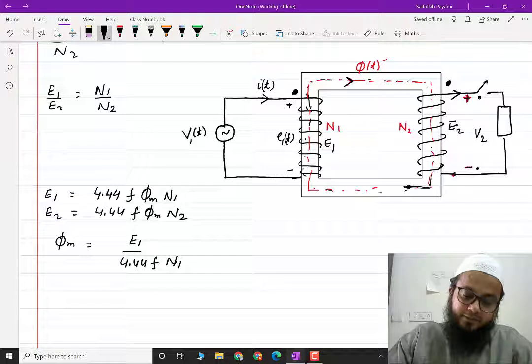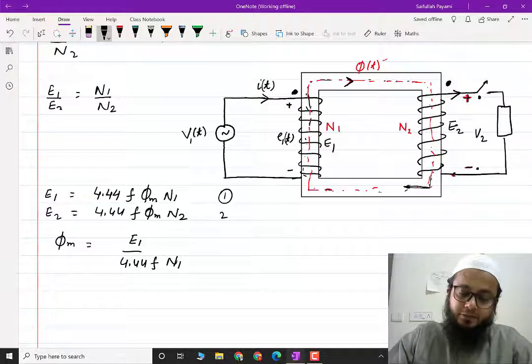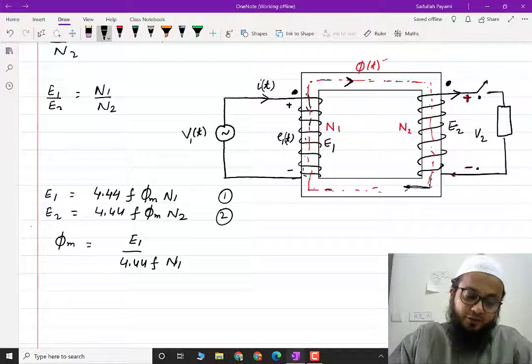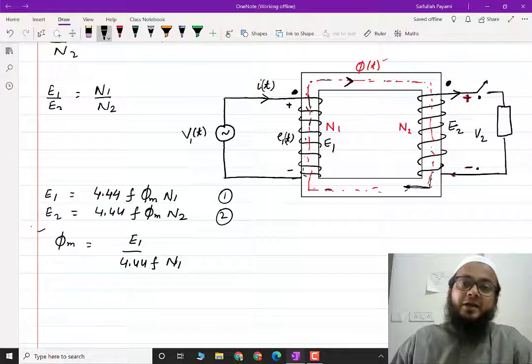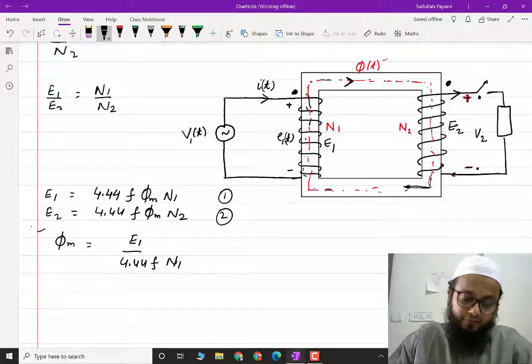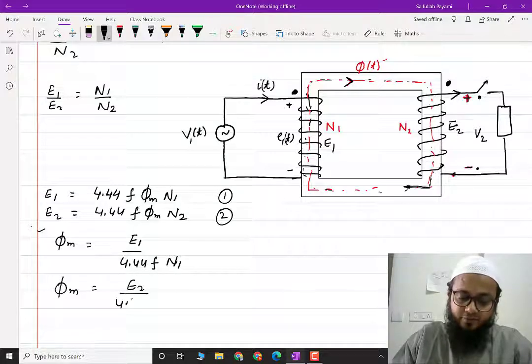Let's say this is equation 1 and this is equation 2. From equation 1 you can find phi m, or from the second expression phi m would be E2 by 4.44 f N2.